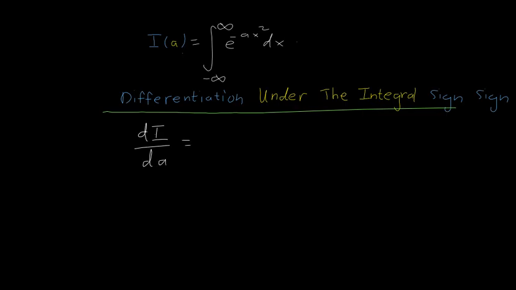This is equal to d/da of the integral from minus infinity to infinity of e to the negative ax squared dx.